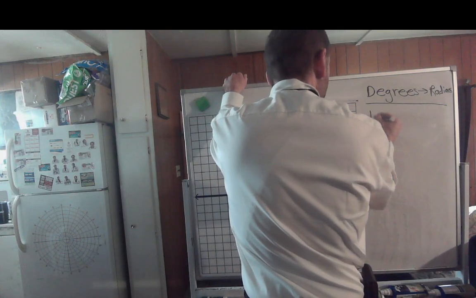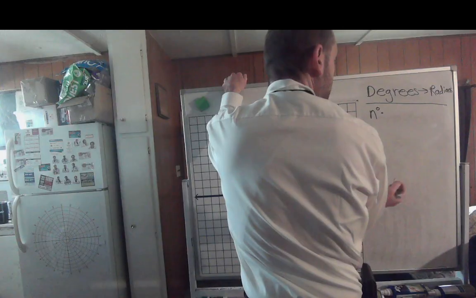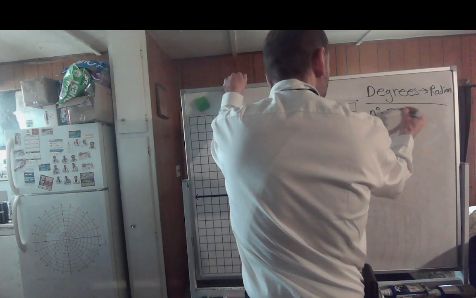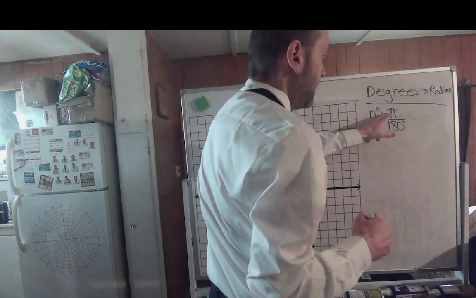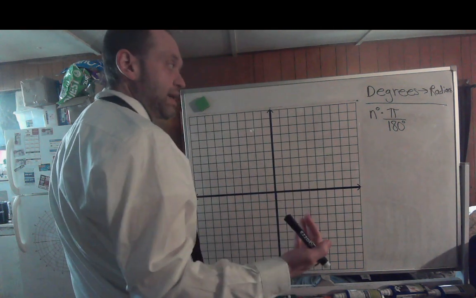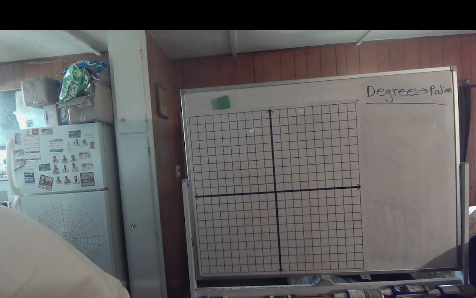You take your number of degrees times pi divided by 180 degrees, because 1 pi is to 180 degrees. So then your degrees would cancel out. You would get your answer in terms of pi, which would give you radians. So let's go ahead and do that with some common angles here first.